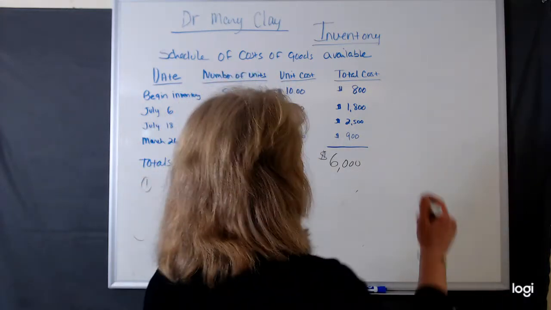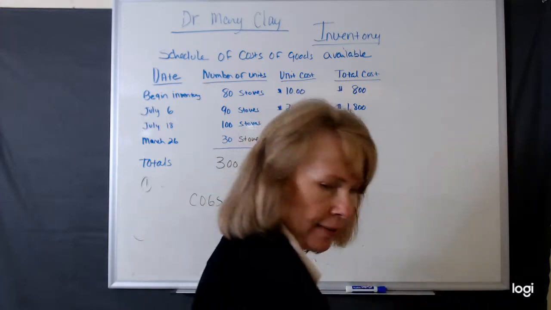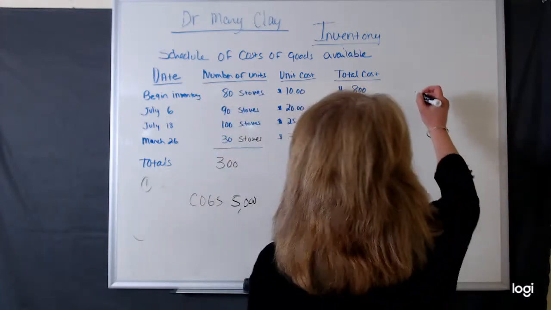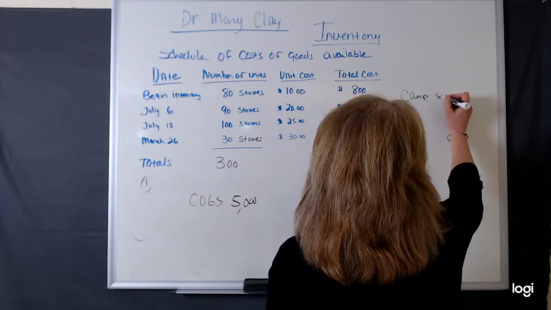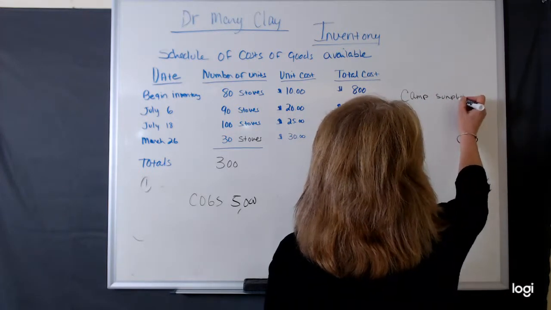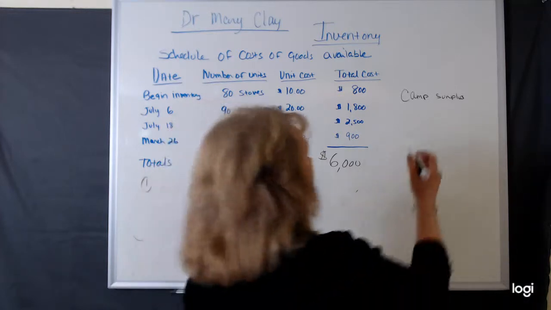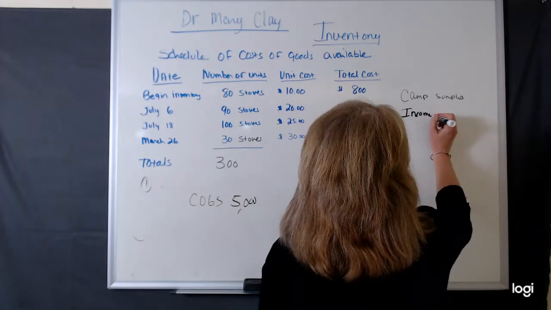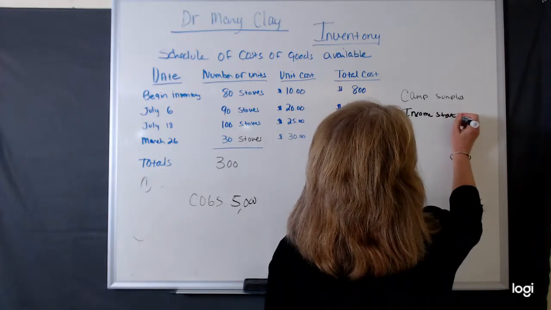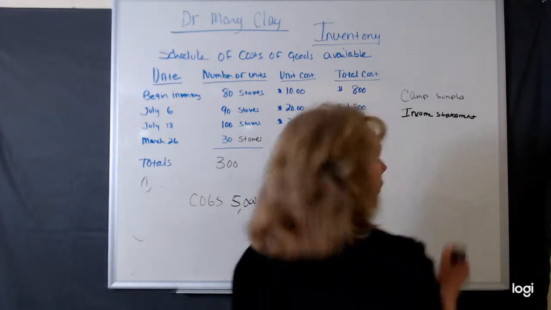Okay, so we're going to start over here, and the name of it is Camp Surplus. What's it called? It's called an income statement. What's the date?